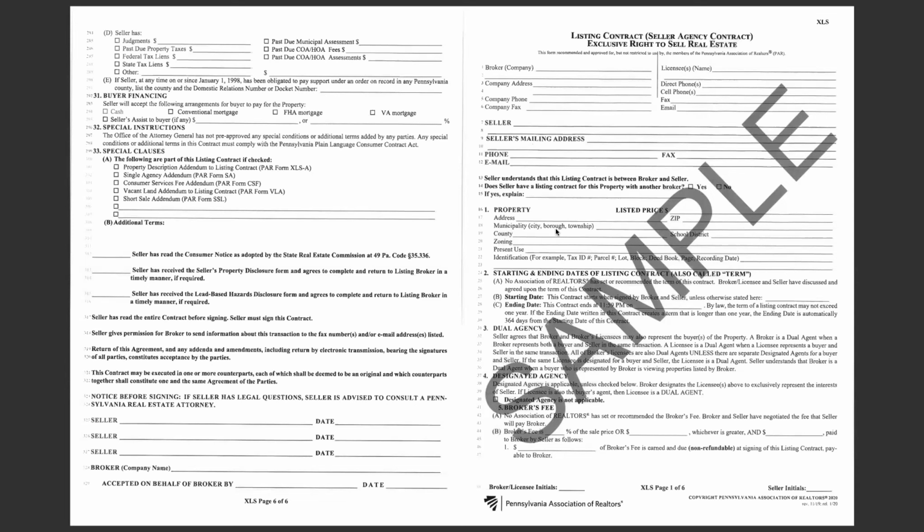FHA and VA do have some restraints on them regarding safety issues that, if they are found to be not up to the quality of the FHA, HUD, Federal Housing Association, or the VA, will require them to be upgraded, often at the seller's cost.